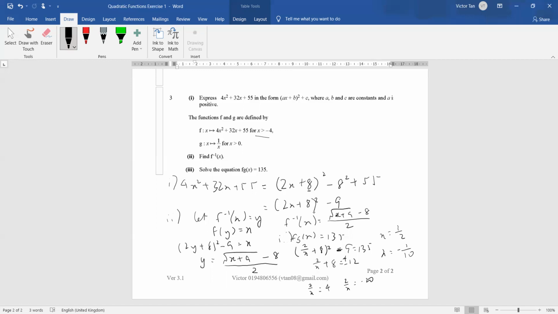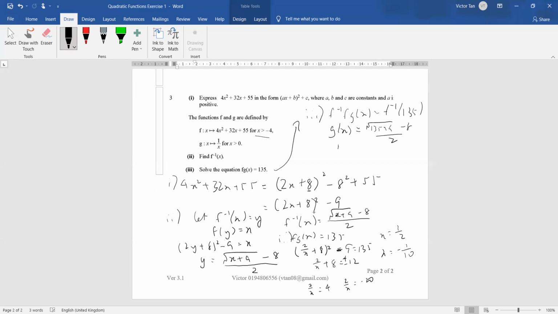Two solutions. But let's check and see. So there's another way to solve this. You put f inverse of fg(x) will be f inverse of 135. So g(x) will be equal to the inverse function of f, which is 135 plus 9, square rooted, minus 8, over 2.